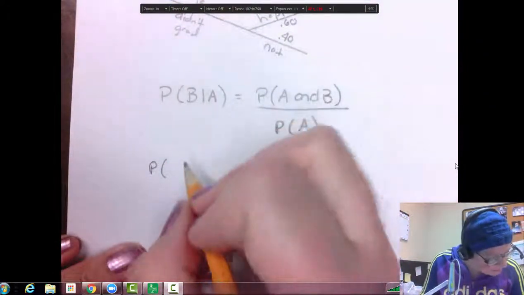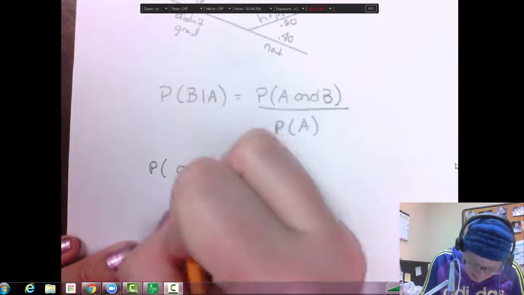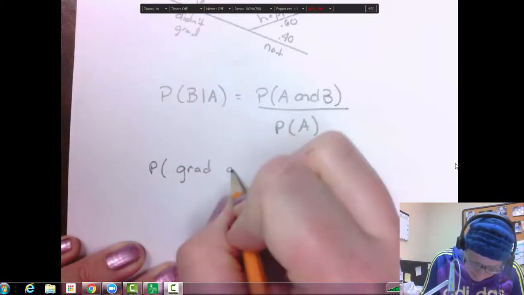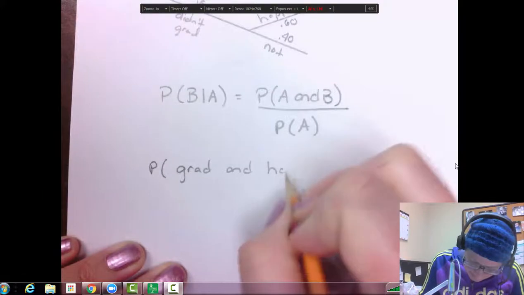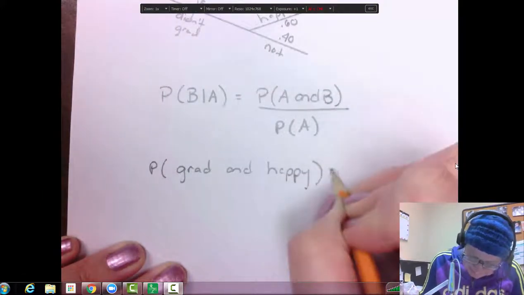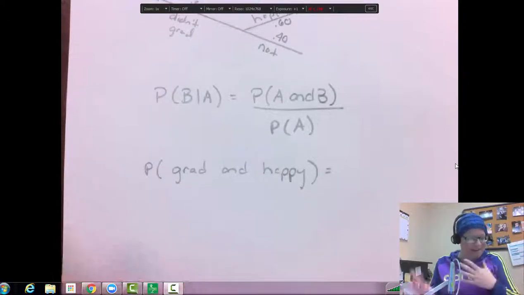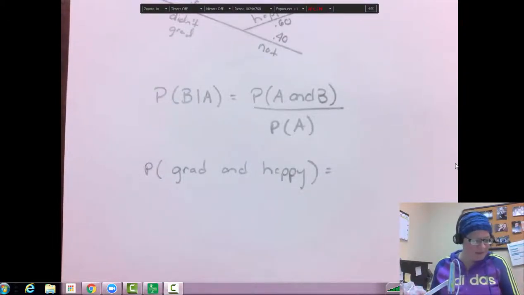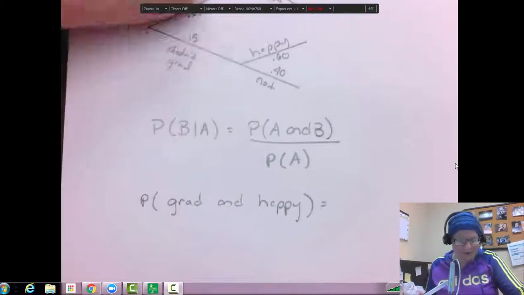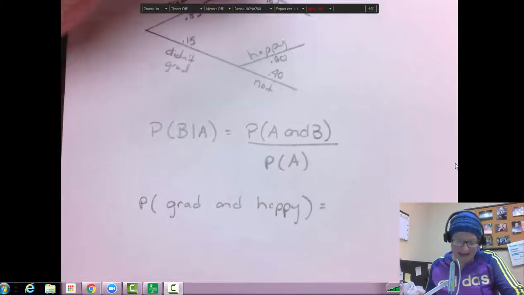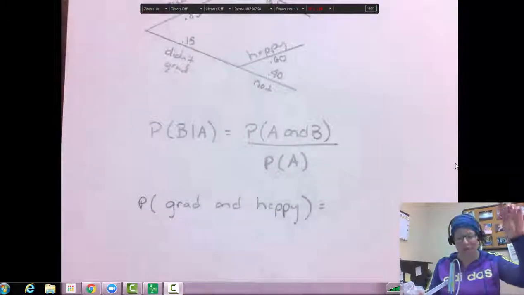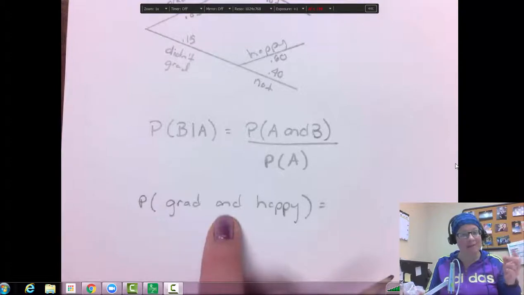So let's look at a first one here. What is the probability of being a graduate and happy? This is an and happy. How would we just do that one? It's kind of like the top, right? It's not a line one or a conditional, but what is the probability of this one and this one? Well, graduate is 85% and happy is 90. What did we do with and? We timesed our probabilities.